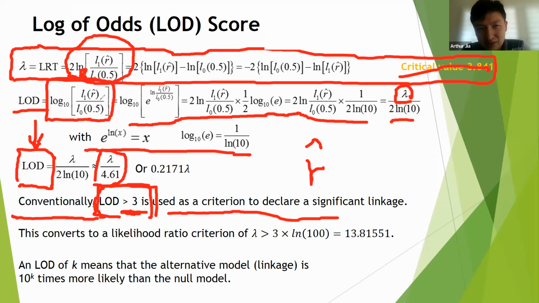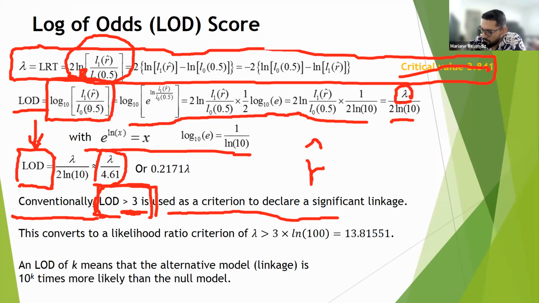If you want to control the family-wise type 1 error, sometimes you have to use a very stringent test for each gene pair. If you use a more stringent criterion to test each gene pair, then overall you don't have to worry about the family-wise type 1 error being inflated. Okay. Thank you.